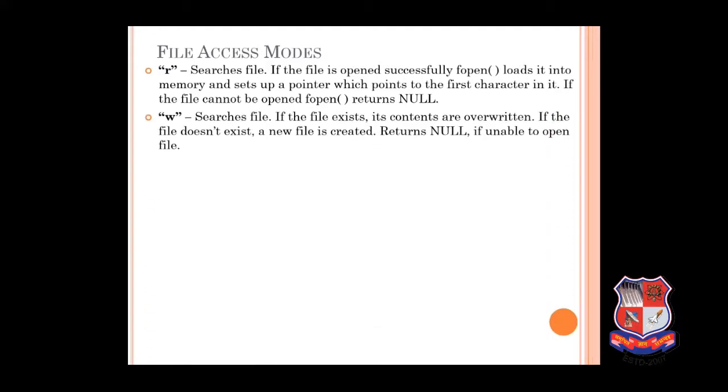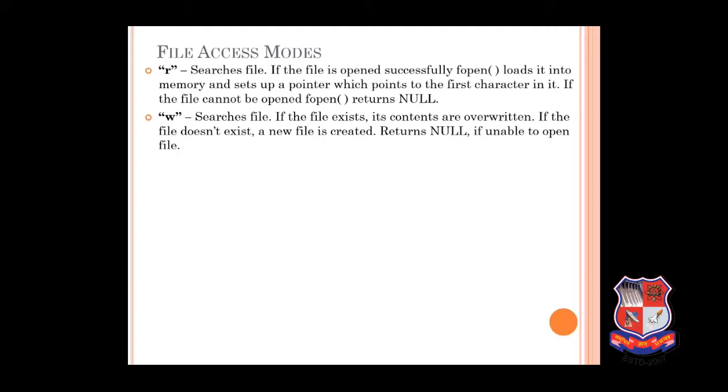The second is W, which stands for write. It searches the file. If the file exists, its contents are overwritten. Here I have to again mention, whatever contents the file already has will be replaced by the new contents. This is the function of the write mode.